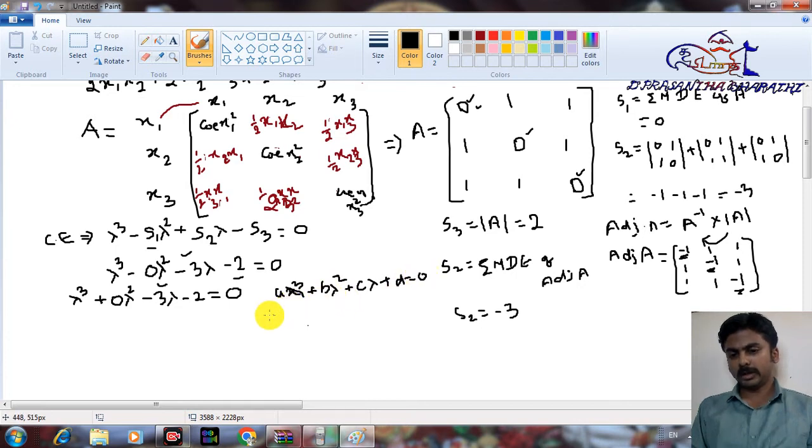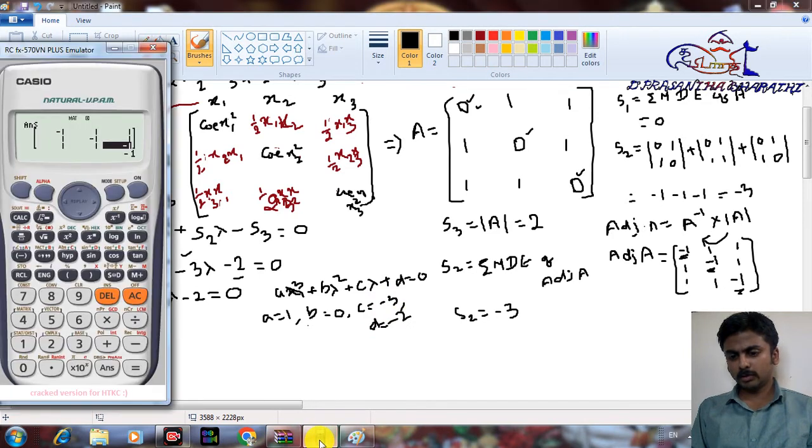So here a equal to 1, b equal to 0, c equal to -3, d equal to -2.